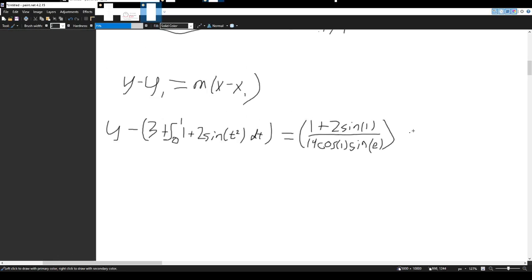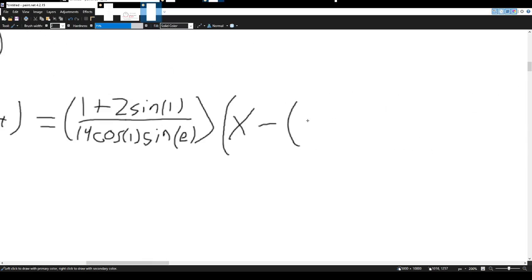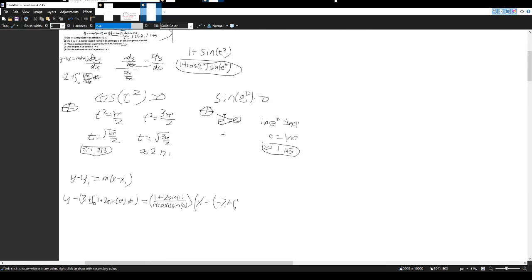So that's m times x minus x1, which is going to be -2 plus the integral from 0 to 1 of the dx/dt. Wow, no clue where I am on this thing.